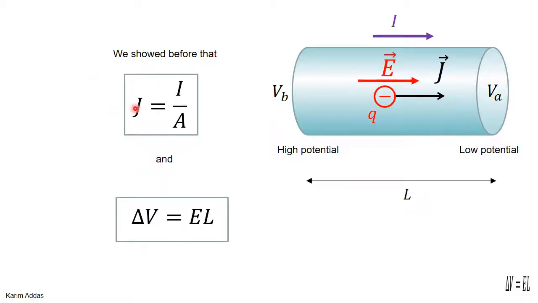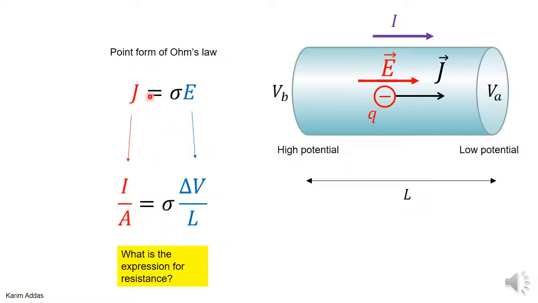We know that J is current over area, and we know that delta V, the potential difference across a segment of wire, is electric field times the length. And so the point form of Ohm's law had in it J and E. So we can always replace the J and E by other quantities like I and delta V that will allow us to arrive at the other form of Ohm's law that you know about.